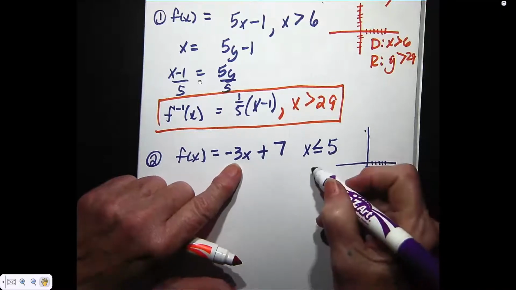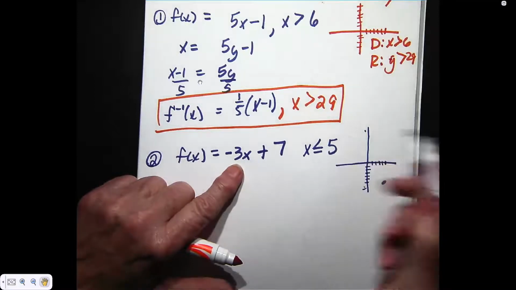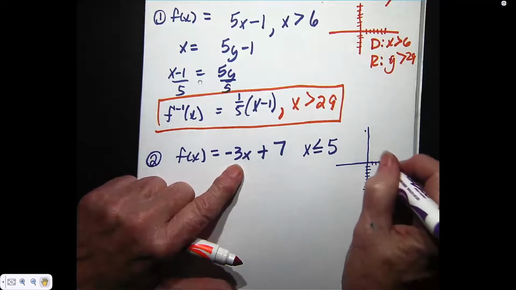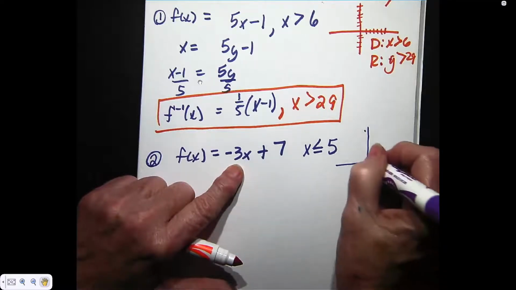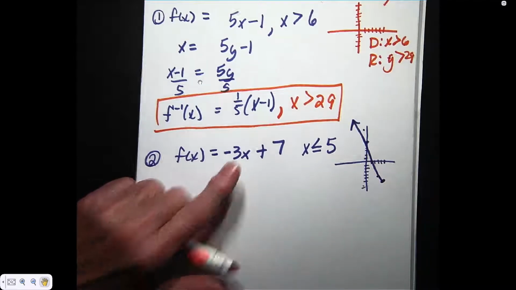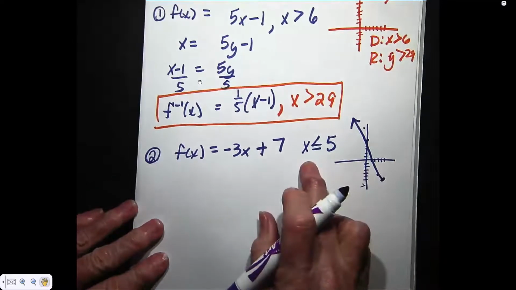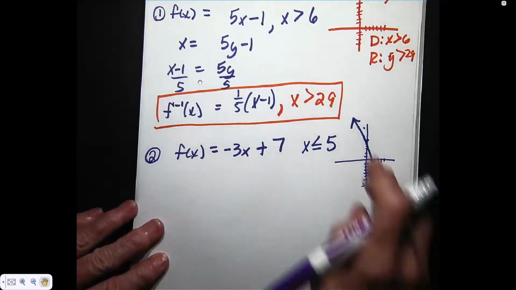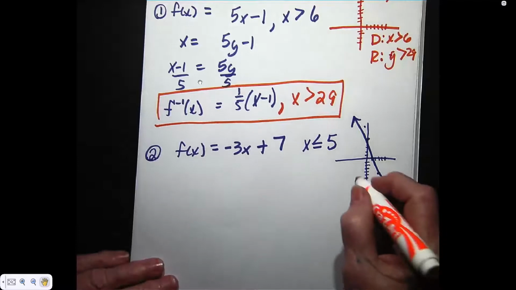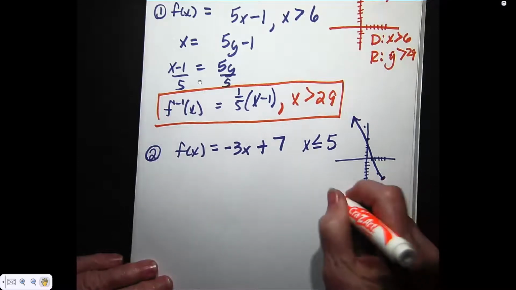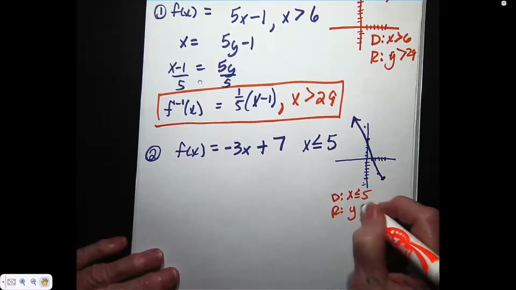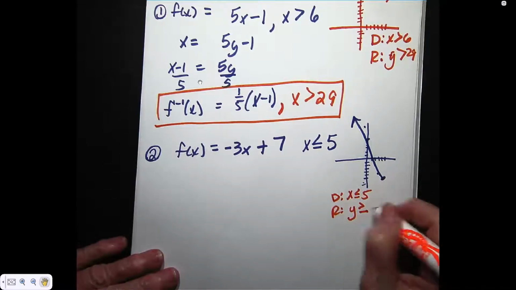If we put in 4, negative 12 plus 7 gives me negative 5. If I put in 0, I get 7. So I have a graph that looks like this. x is getting smaller, but this is a negative graph, so y is getting larger. So when the domain is x less than or equal to 5, the range is going to be y greater than or equal to negative 8.